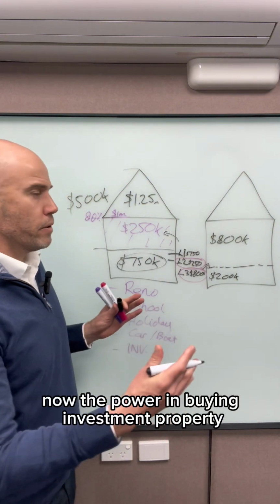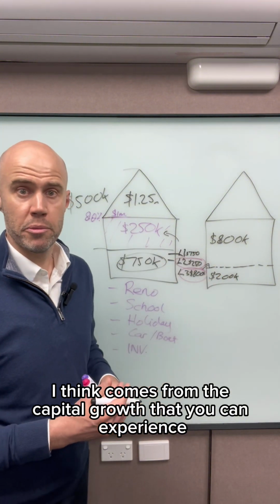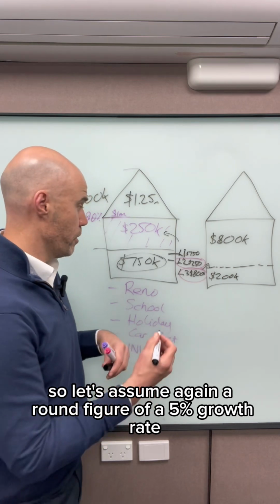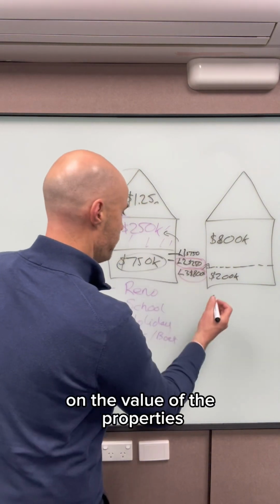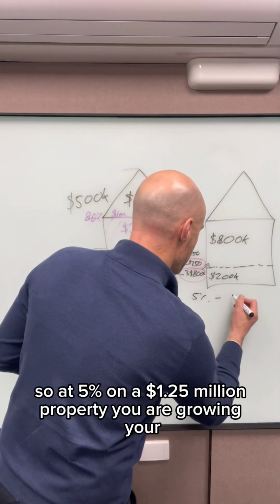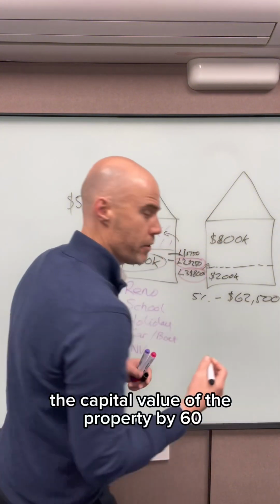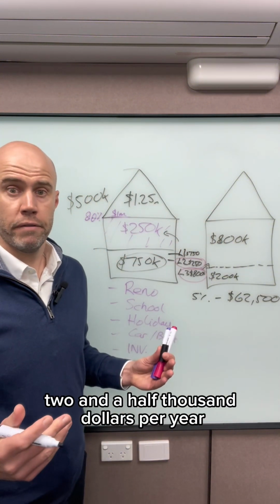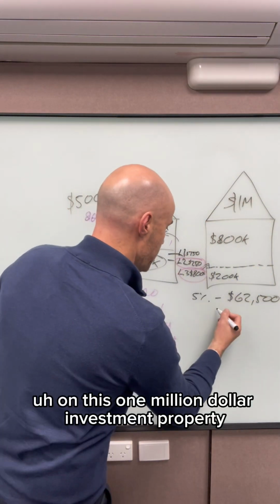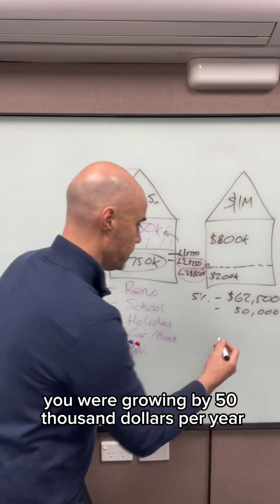Now, the power in buying an investment property, I think, comes from the capital growth that you can experience. So let's assume, again, a round figure of a 5% growth rate on the value of the properties. So at 5% on a $1.25 million property, you are growing the capital value of the property by $62,500 per year. On this $1 million investment property, you are growing by $50,000 per year.